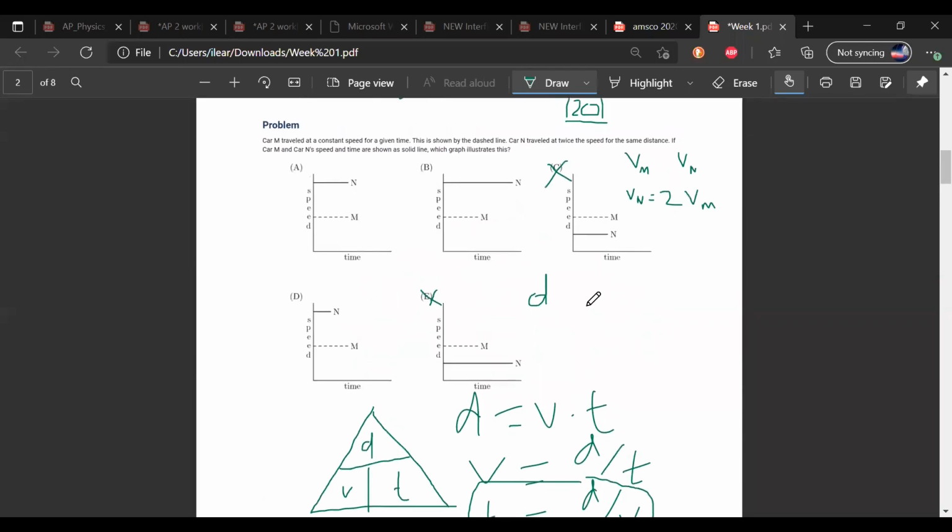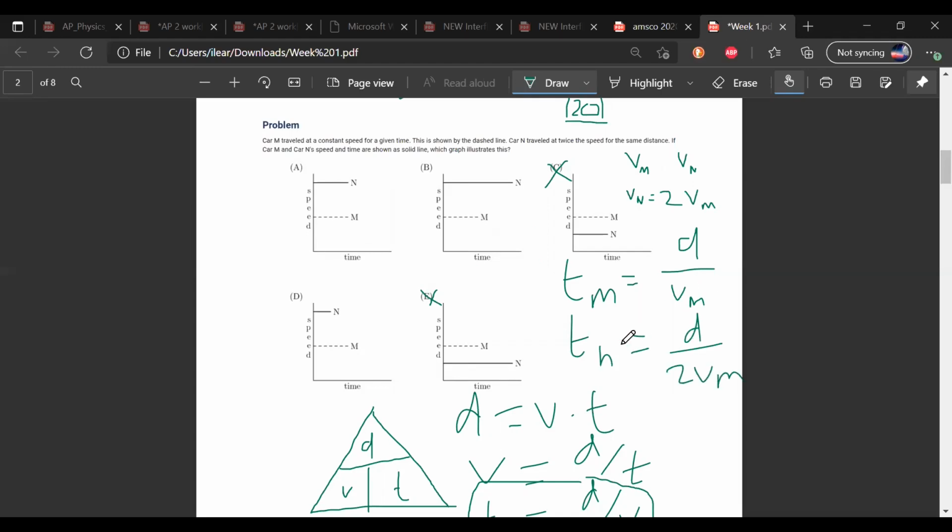All right, so let's look at the time it takes for car M to travel distance D. Tm is equal to D over Vm, and now Tn is equal to D over 2Vm.